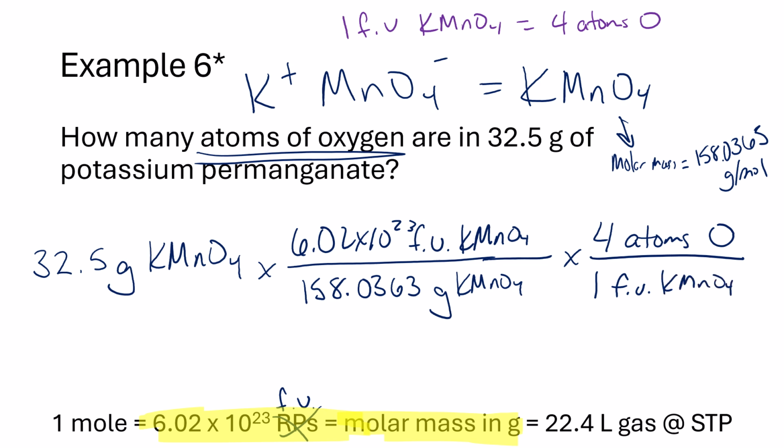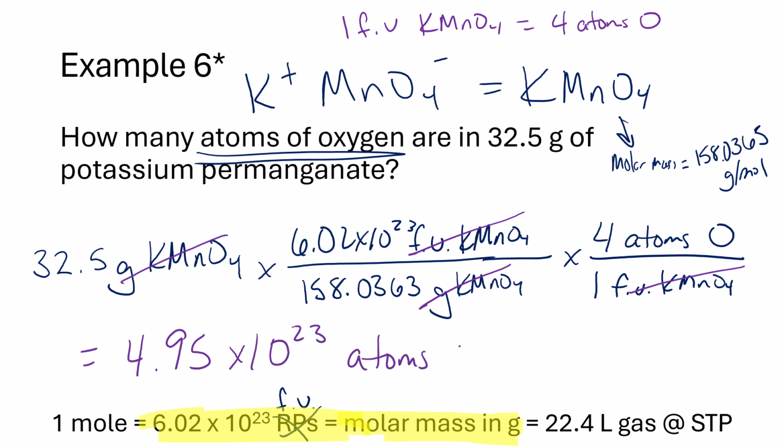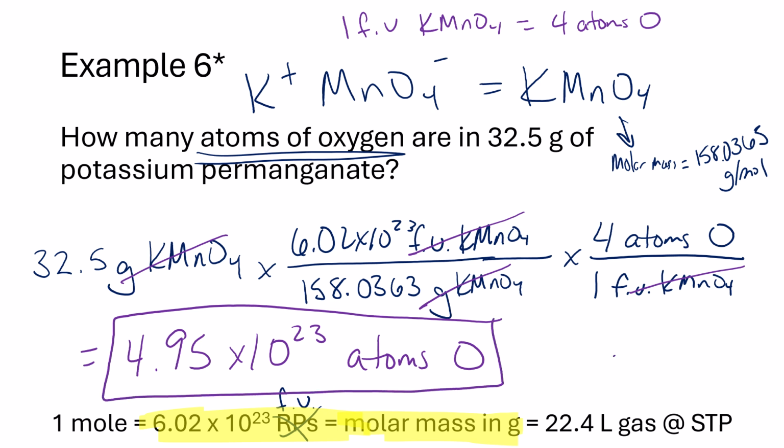So I need that extra step, and I want to make sure those units will cancel, and I'm left with atoms. So I'm going to plug everything in. I got 4.95 times 10 to the 23 atoms of oxygen. So don't forget that additional step if it's not the smallest formula unit or representative particle.